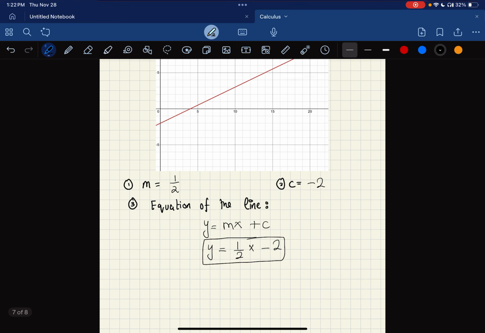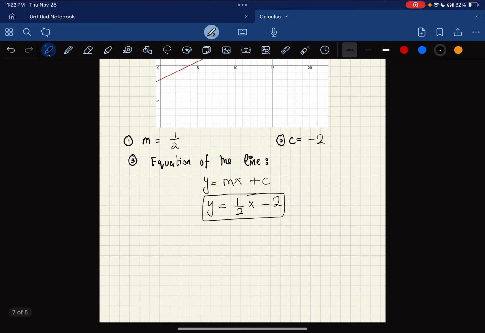Now, sometimes they ask you questions that are something like this. So they ask you to solve using graph 1 over 2 x minus 2 equals to, for example, 3. Okay.